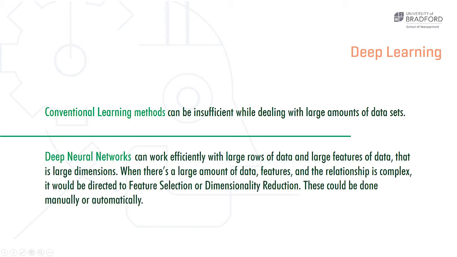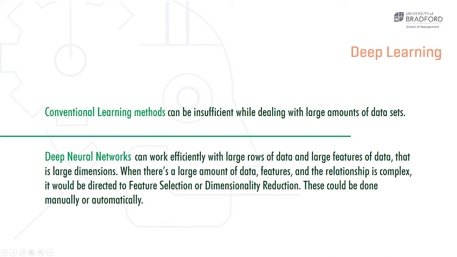Conventionally, when there are large amounts of data and a large feature set, and the relationships between input data and output data are not easily discoverable, machine learning efforts would be directed to something called feature selection or dimensionality reduction.